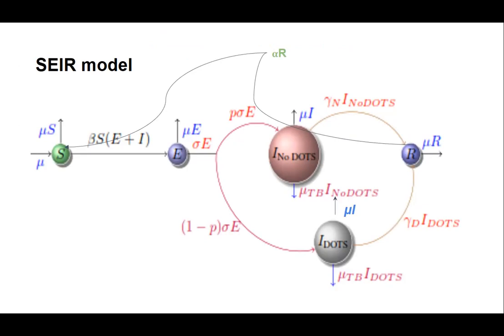Is it an SEIR model? Yes, we thought it would remain the same. Do you see the arrow which is from the recoveries to the susceptible? Yes. Okay. Do we need to represent that in our model?